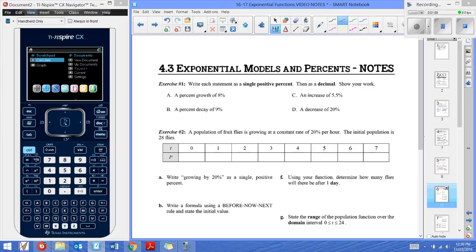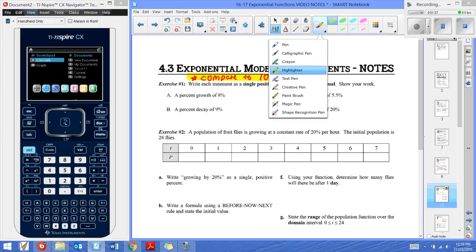But the main thing that we need to do, and I'm actually going to write this up top, is we are always going to compare to one whole, which is actually 100%. And I couldn't put enough exclamation marks on this if I tried. So this is huge. Highlight it. Put balloons around it. I don't care, but you need to know it.